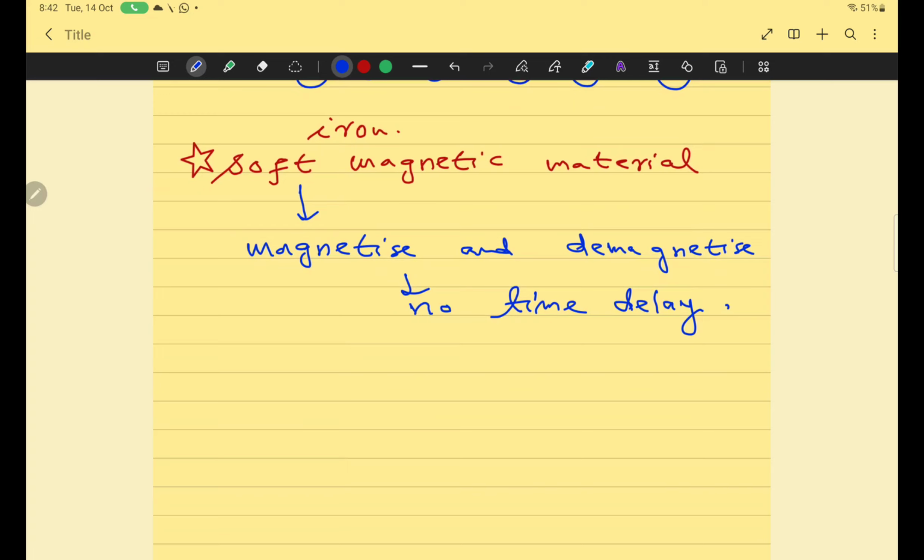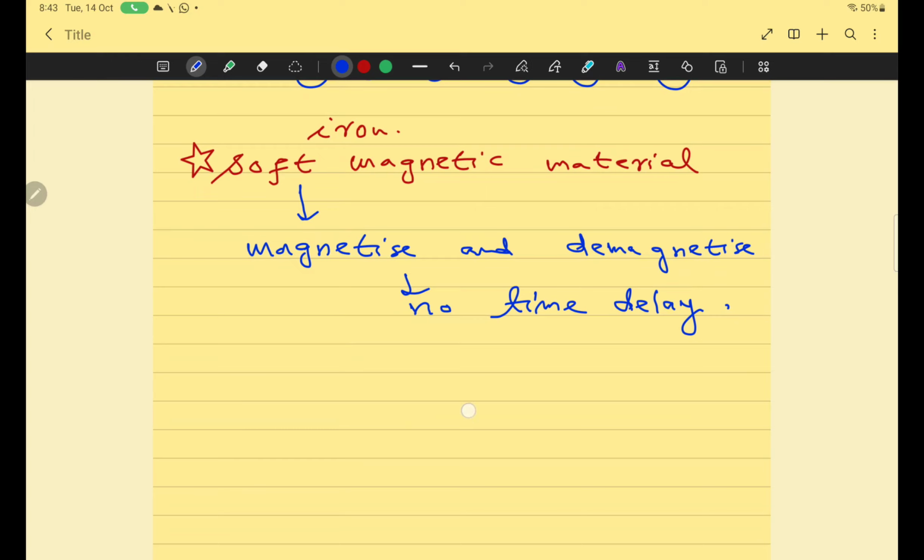That is why an iron rod is always used in the core of a solenoid. Iron is used as the core of an electromagnet because it magnetizes and demagnetizes very quickly. There is no time delay.